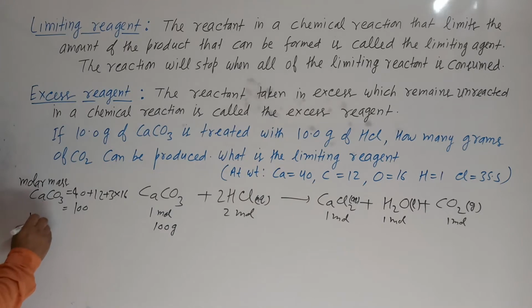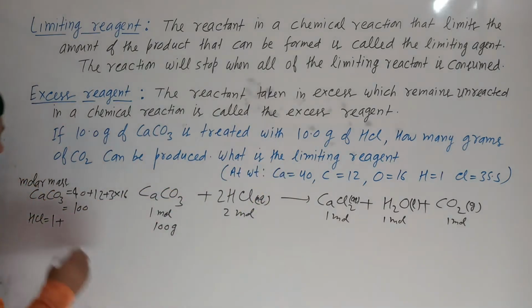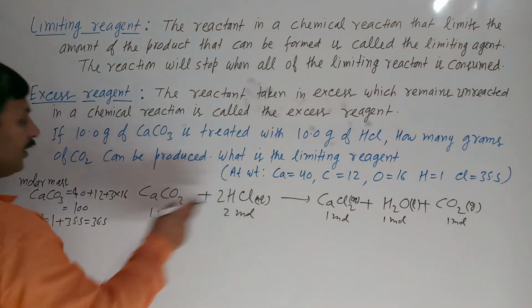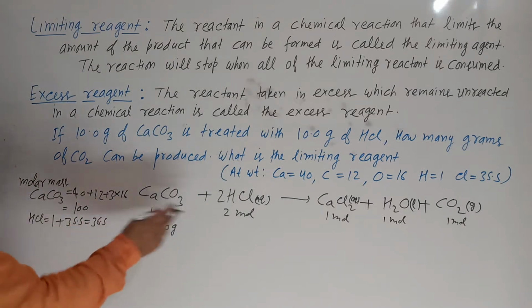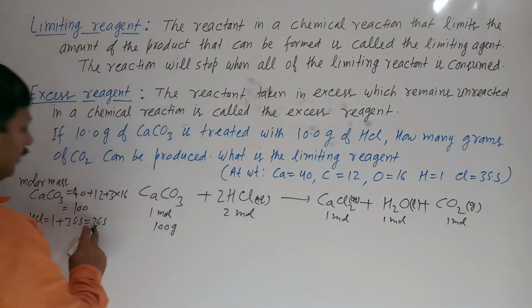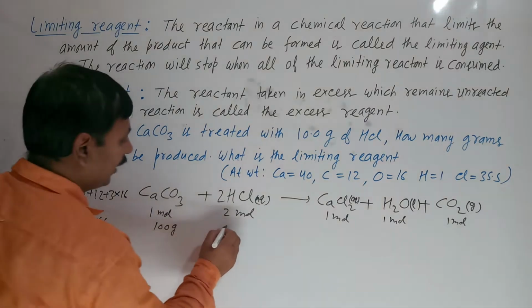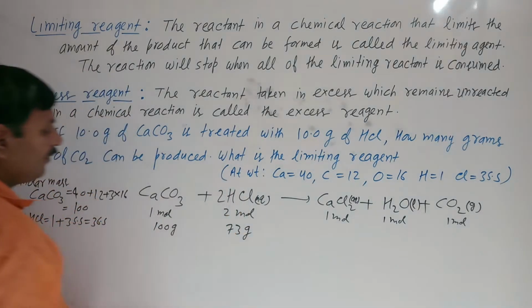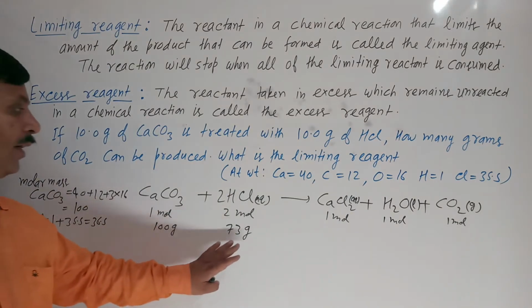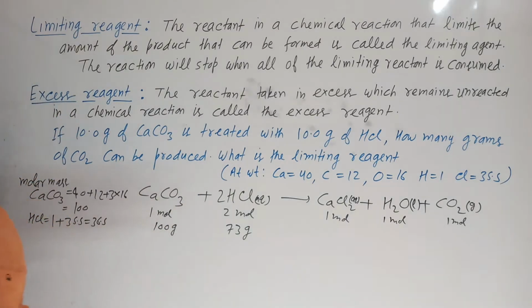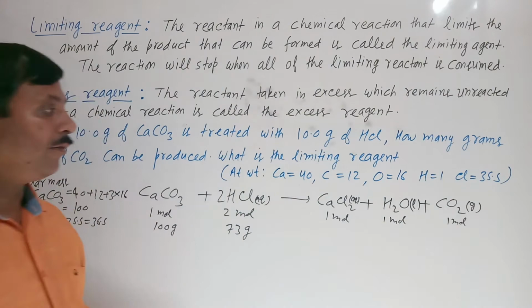If we see the molar mass of HCl, 1 plus 35.5, this is 36.5, and twice of this for 2HCl, so this will come 73 gram. You can see here 100 gram reacted with 73 gram of HCl, and they want carbon dioxide. How much carbon dioxide will form?